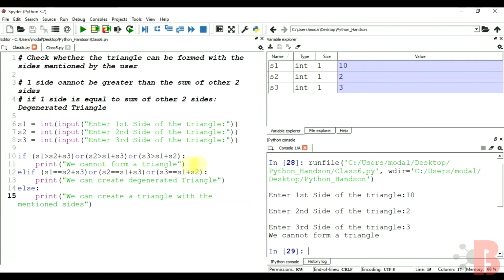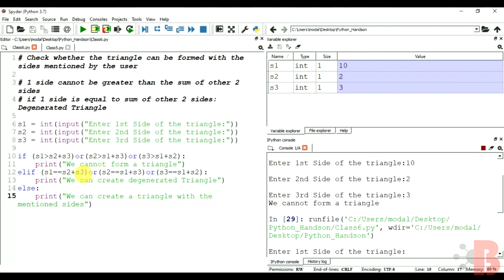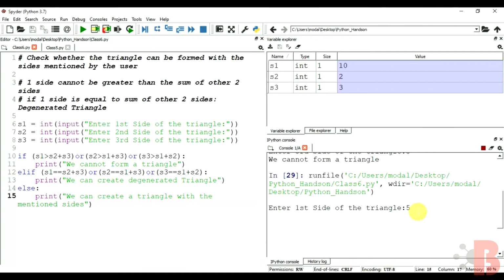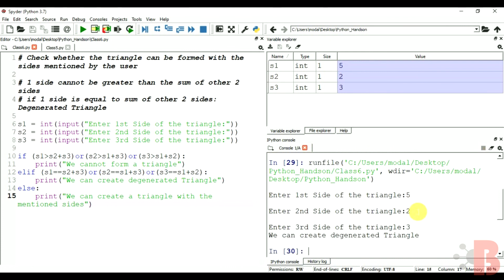So our first condition is satisfied. And now I am going to run again and I will see whether the second condition is satisfied or not. 5, first side, second side will be 2, third side will be 3. We can create a degenerated triangle. So it went to the second statement also.